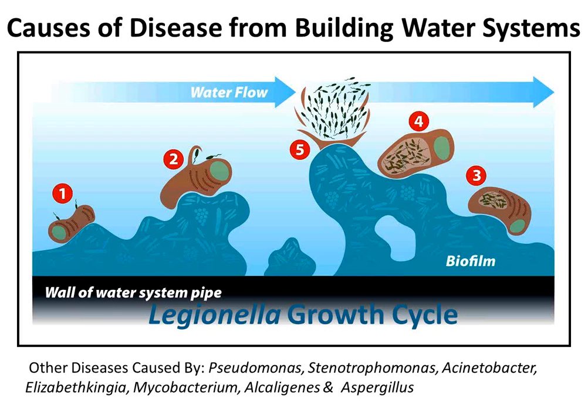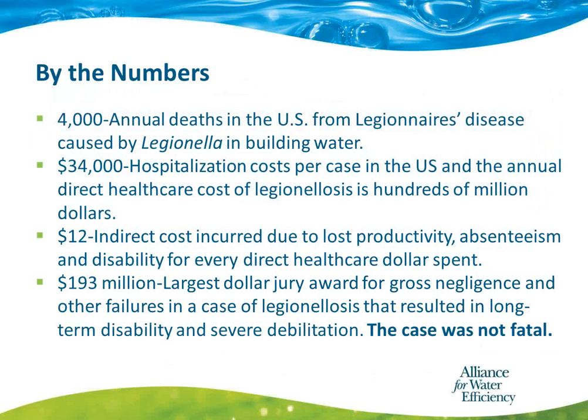Well, how much disease are we talking about? Let's just look at a few numbers, a little bit of statistics. I'm just going to talk to you really about the Legionella pathogen and the resulting disease, which we generally call Legionnaire's disease. In the United States, according to OSHA, 4,000 deaths occur every year associated with building water systems. Every one of those disease cases is preventable.